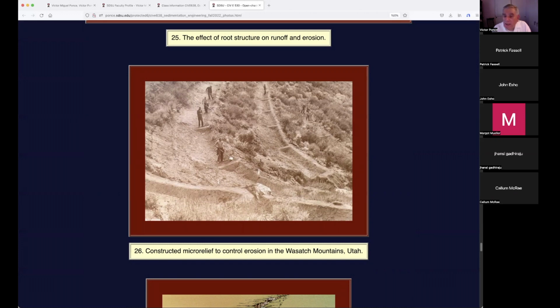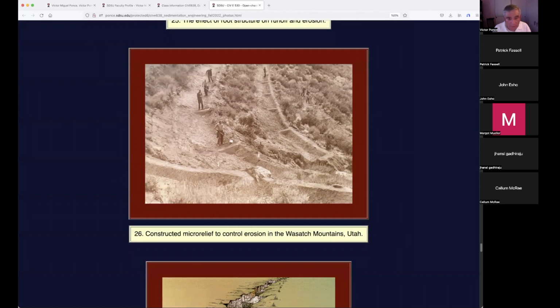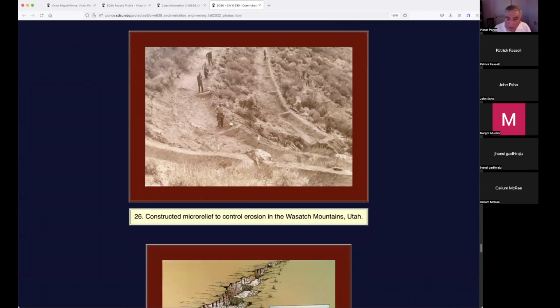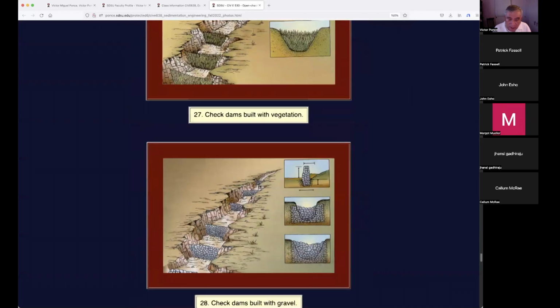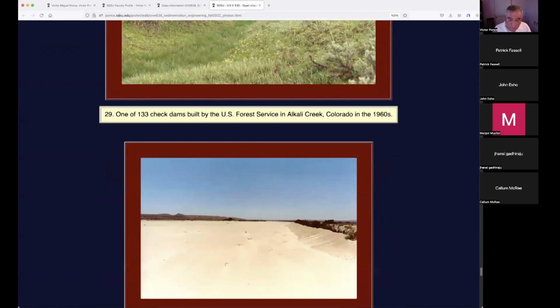Prior to this being constructed in the early 1930s, they had a huge debris flow which covered the mouth of the basin with about 10 or 15 feet of dirt. That was terrible. People may have even gotten killed at the time. So this, we call micro relief, solved the problem in the Wasatch Mountains. And so on and so forth. I'm going to finish there.